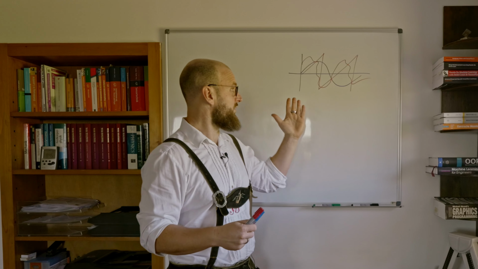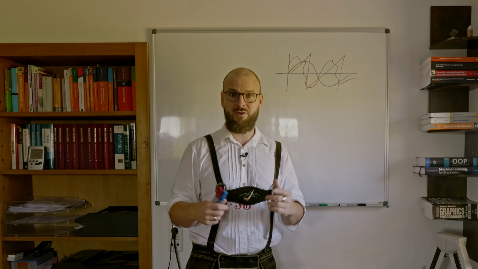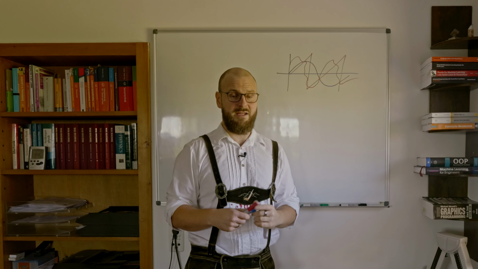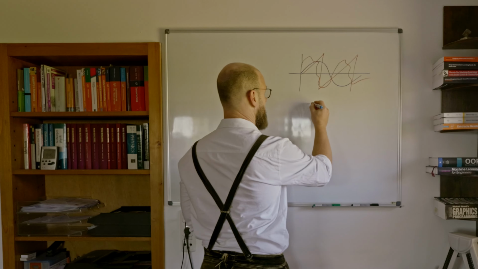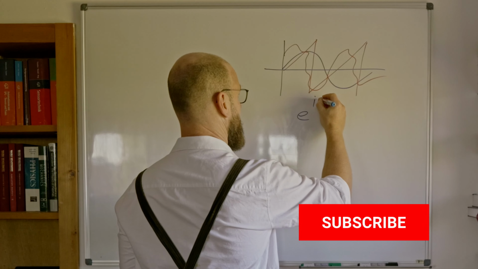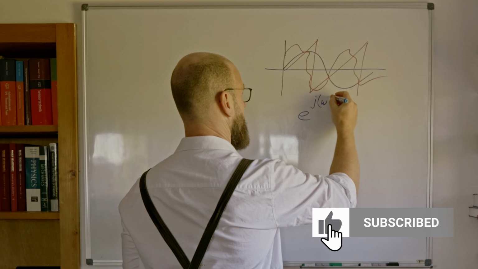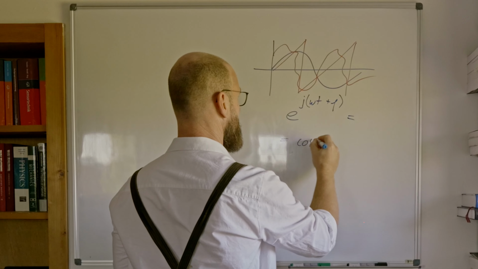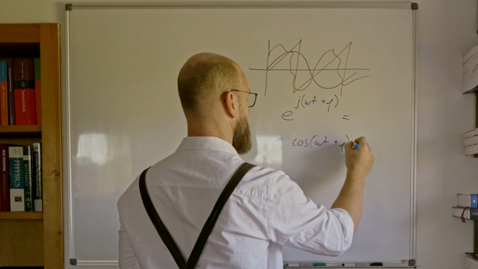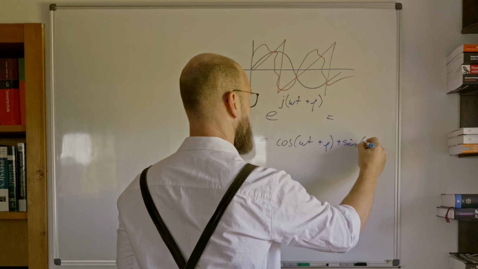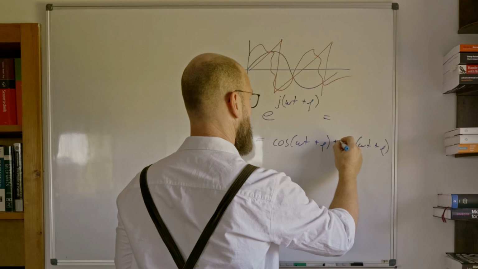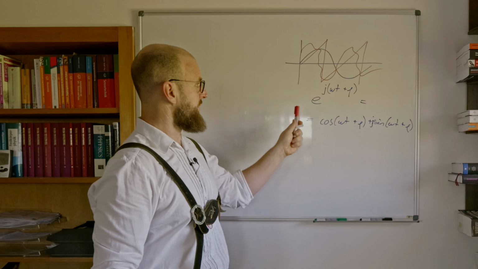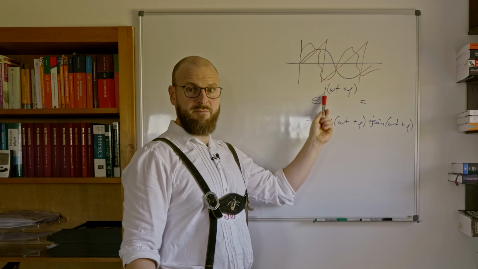That brings me to the next thing we need to know about for alternating currents: imaginary functions, like a function like that, which denotes the Euler equation, which connects the exponential function having the imaginary number.